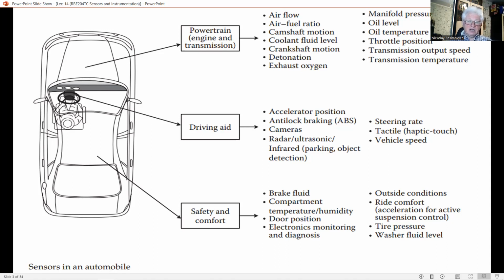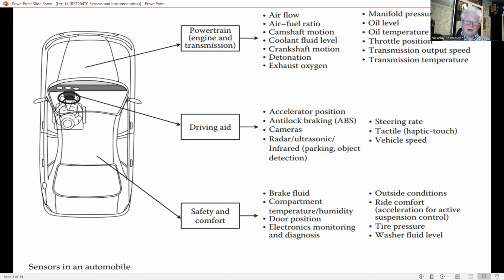Another class of sensor is force or torque sensors, which include the semiconductor strain gauge and motor current sensor. The next class is fluid flow sensors, such as the Coriolis flow meter, Pitot tube, rotameter, and orifice flow meter.